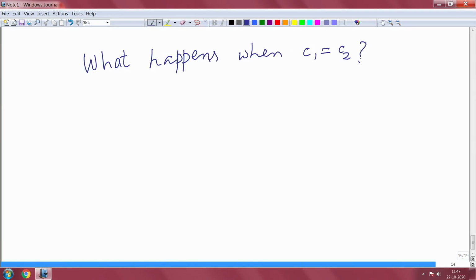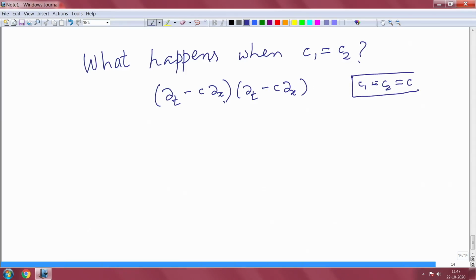What is the operator, or the equation, we get? So, say C1 equal to C2 equal to C, I am putting it as C.